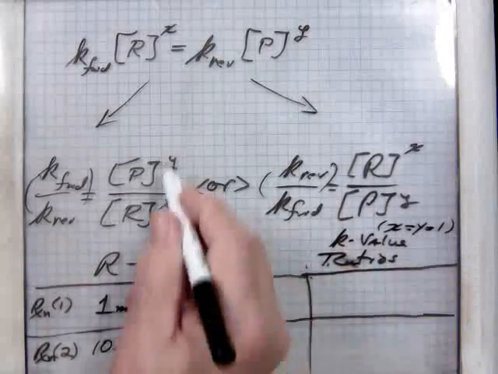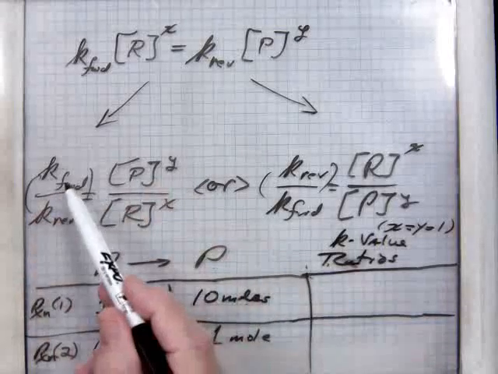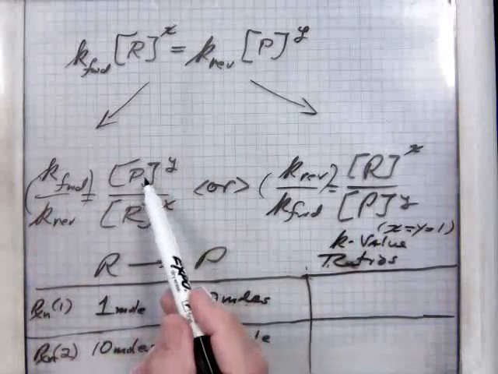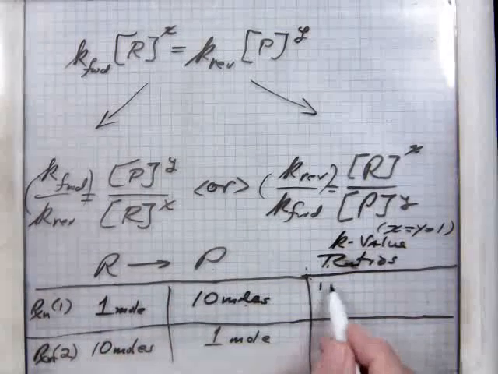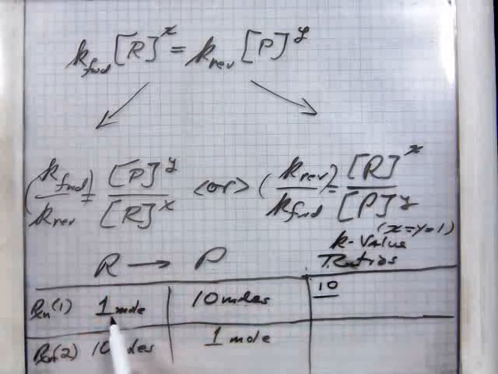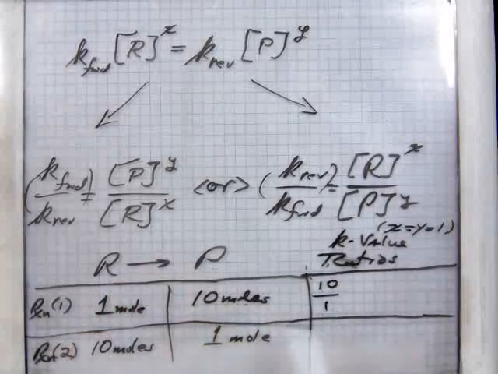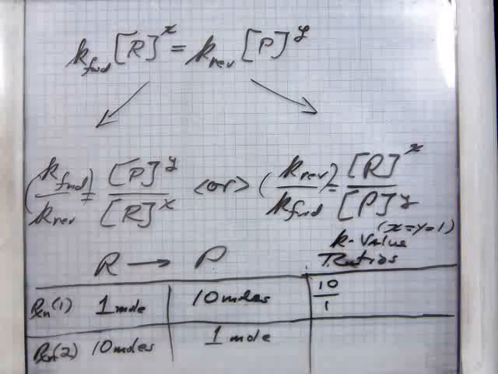Order of reaction. So those are first powers over here. So I want this K forward over K reverse gives me a concentration of products, which is 10, divided by the concentration of reactants. See that? 1.